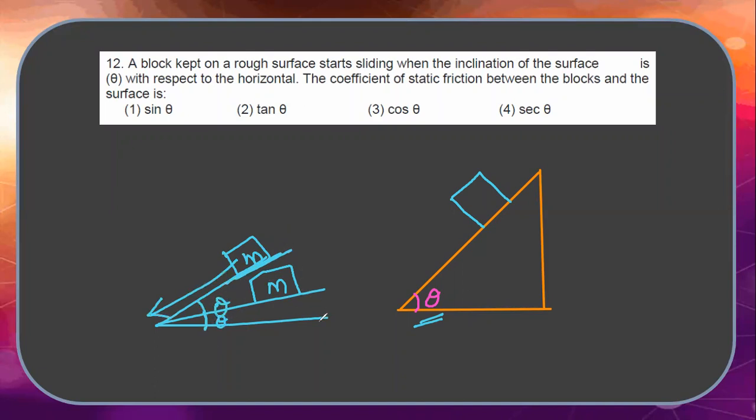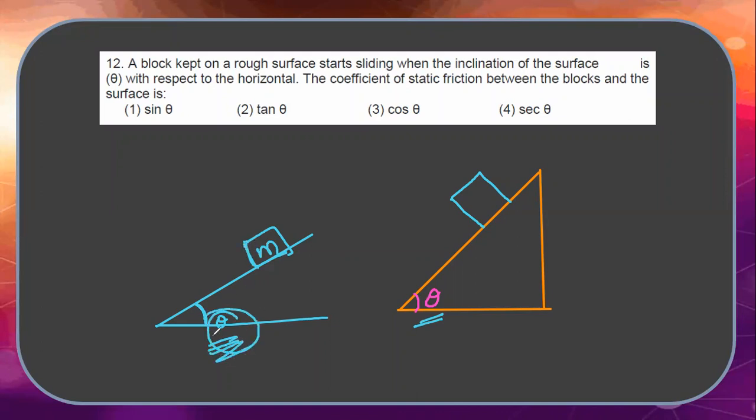Once again, I'll repeat. If the body is placed on the inclined plane, with the inclination like this, the body may not slide. On increasing that angle with the horizontal, it starts sliding. The angle at which the body starts sliding on the inclined path, this angle should be with the horizontal.